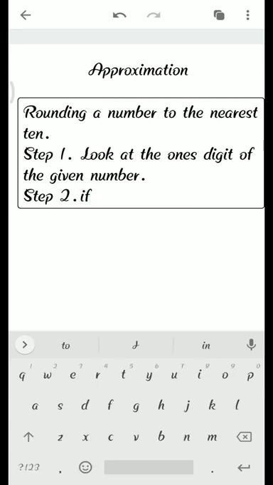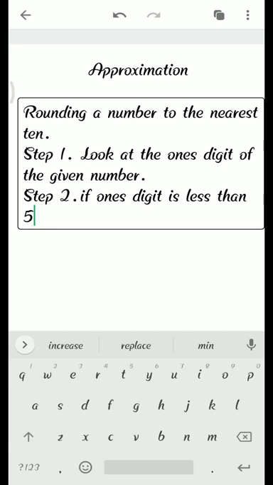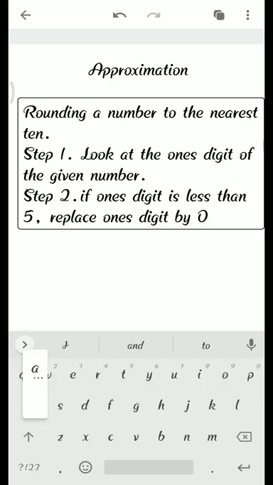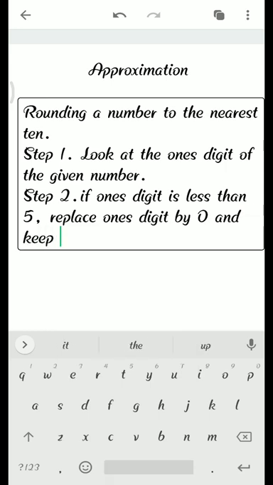If the ones digit is less than 5, replace the ones digit by 0 and keep the other digits as they are.